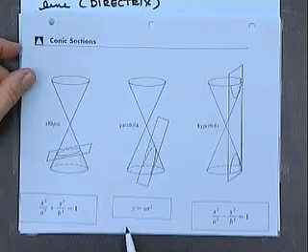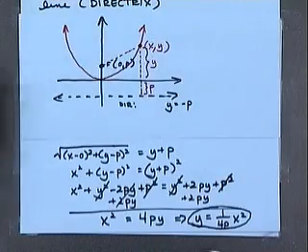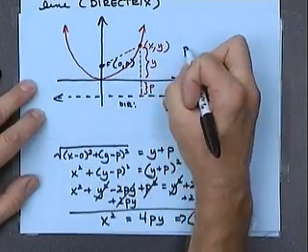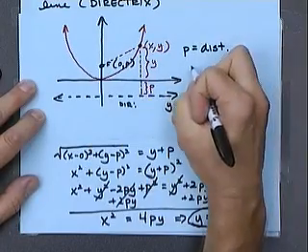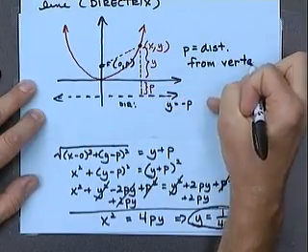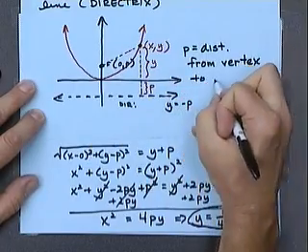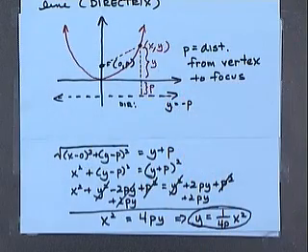We have now defined a in terms of, back to the definition, 1 over 4p, where p was the distance from the vertex to the focus. So in terms of p, we know that coefficient is really 1 over 4p.